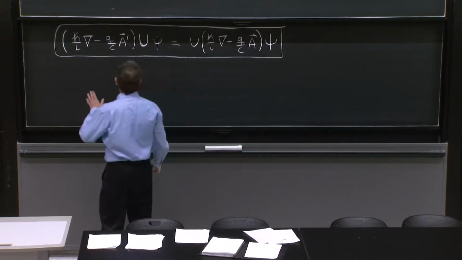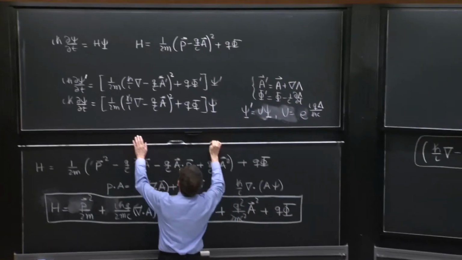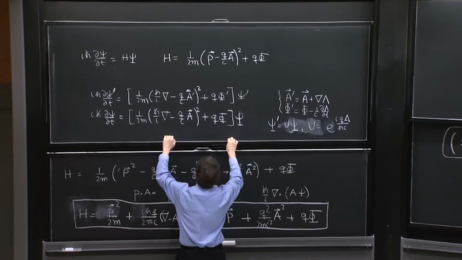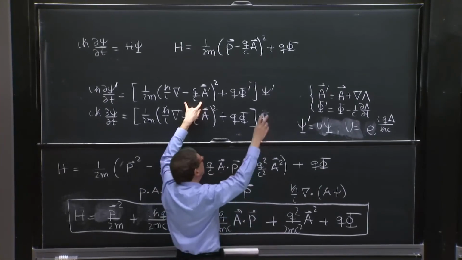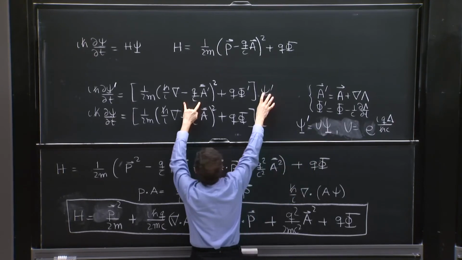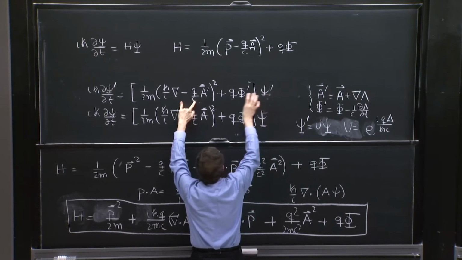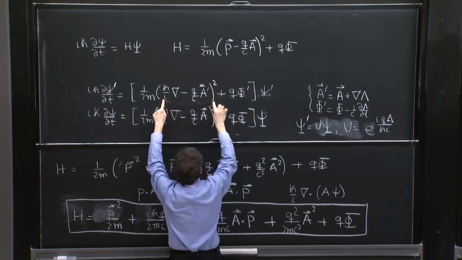And look what's happening here. This is useful for this kind of equation. If you have a psi prime, which is u psi, the factor u interacts very nicely with this operator.